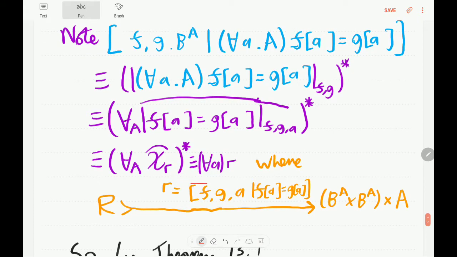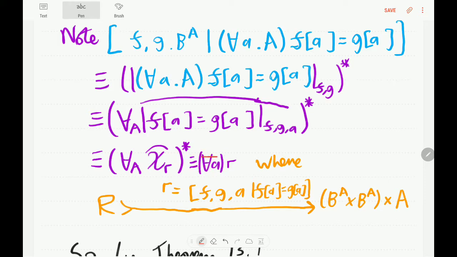Now, if we just call R the extension of evaluation of f on a equals evaluation of g on a over f, g, and a, then this thing here is clearly going to be the transpose of the classifying arrow of R. So we could call it chi R transpose, and we can write this whole line then as the subobject classified by for all a after chi R transpose.